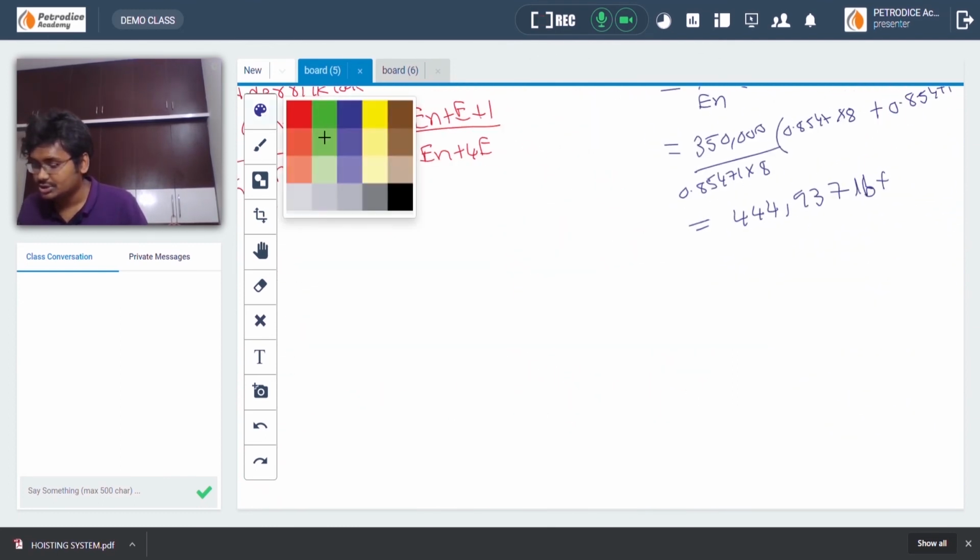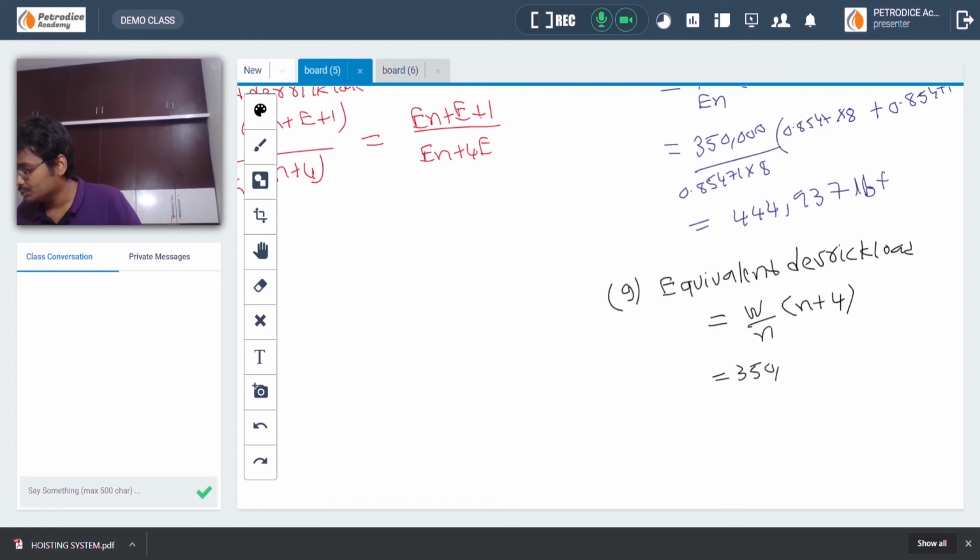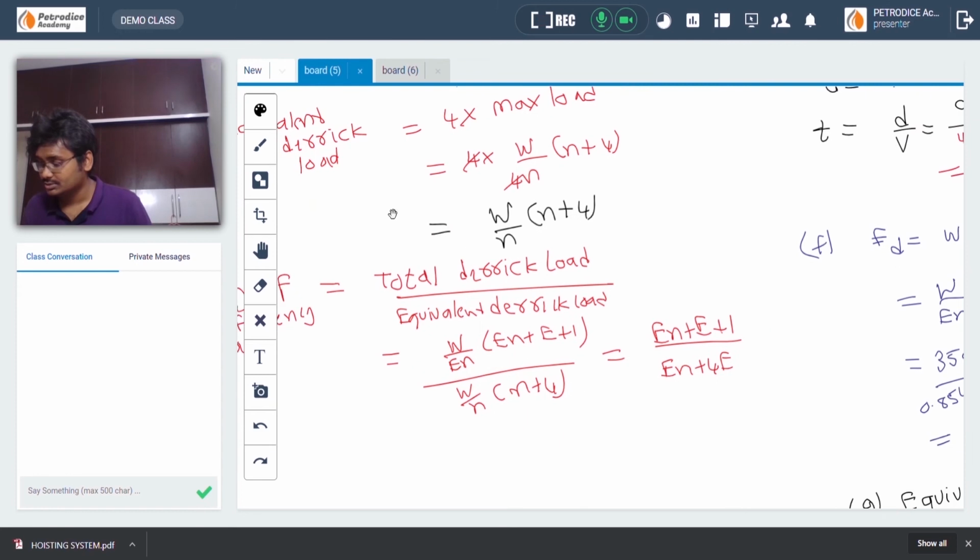So equivalent derrick load is W by N into N plus 4, that is 350,000 divided by 8 into 8 plus 4. The answer is 525,000 lbf.